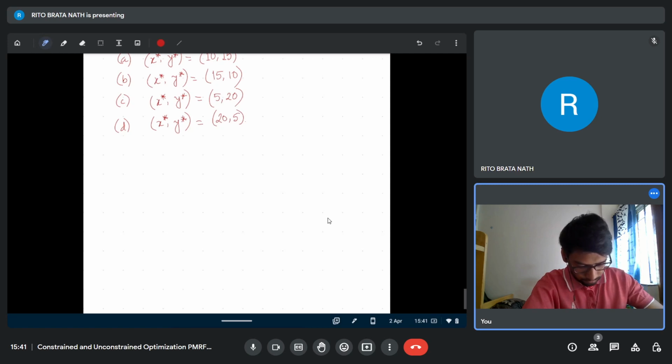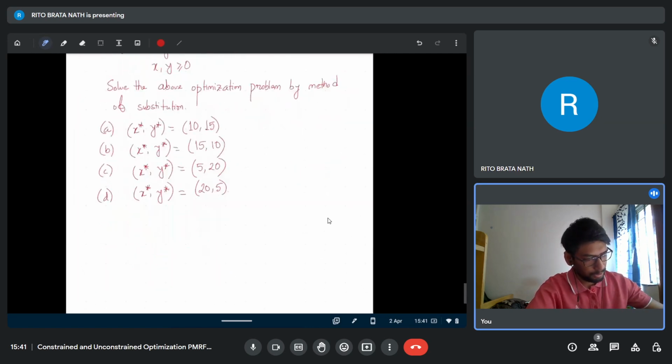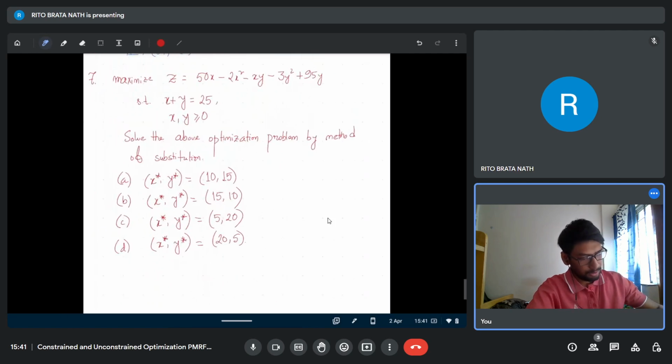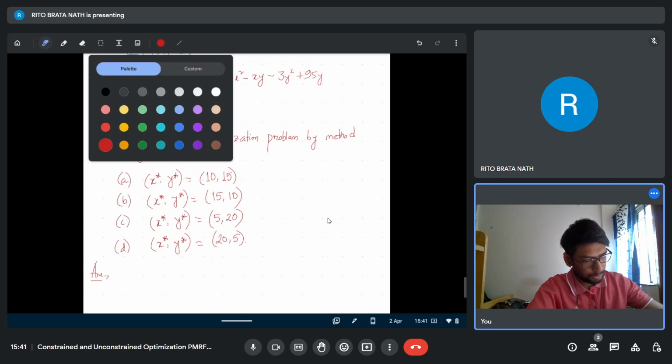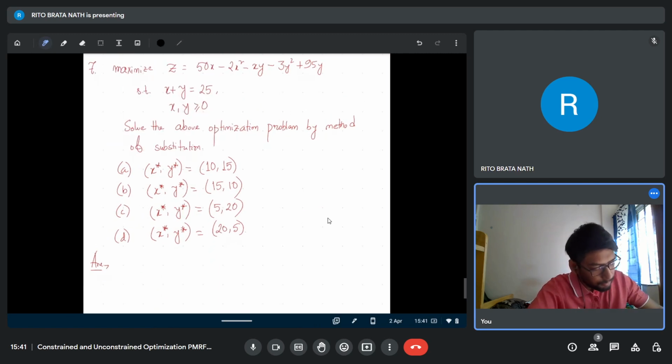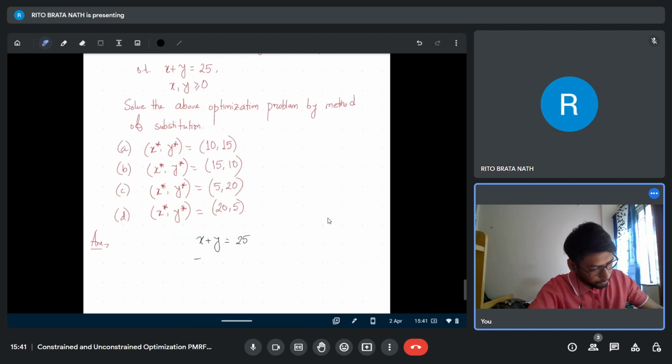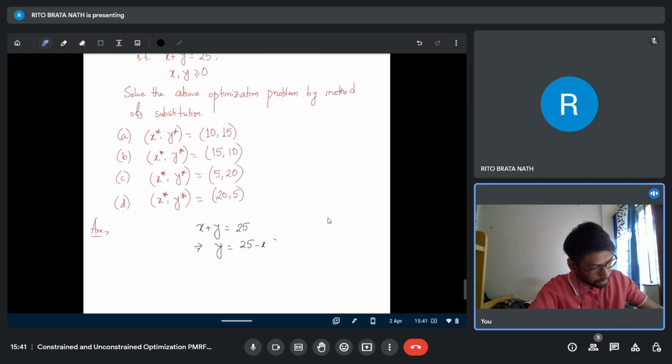So the method of substitution is, I'll just write it down. It's 25, that means y equals 25 minus x, and that is also greater than or equal to 0.